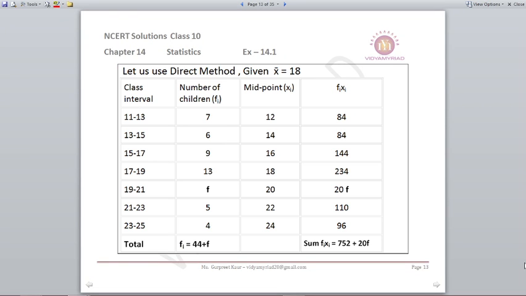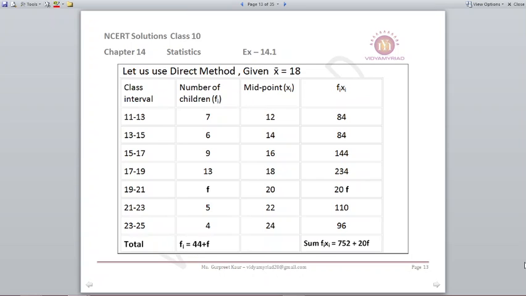And what is the direct method? We know the formula, sigma fi xi upon sigma fi. Here in the question, we are given the mean value. Mean is given as 18. We have to find out the frequency. So how are we going to do that? When you add the frequencies, it will become 44 plus f.